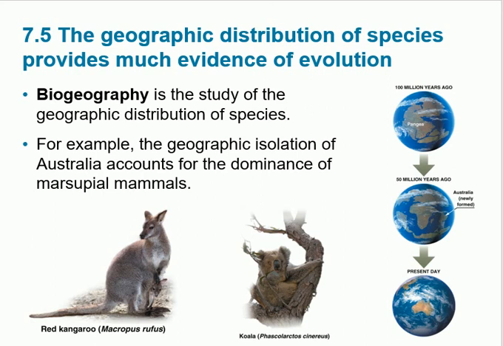Biogeography. What does that term mean? Geography is geography, right? We know geography. Bio means living. So we're talking about species that are distributed in a specific geographic area. Like marsupial mammals.